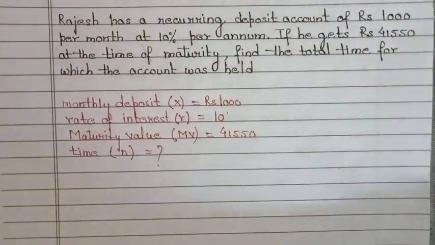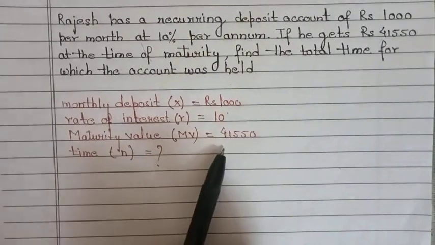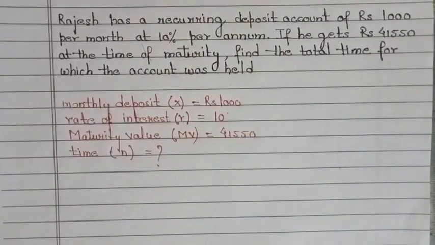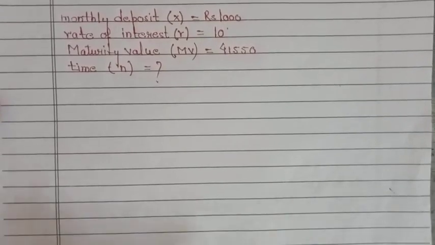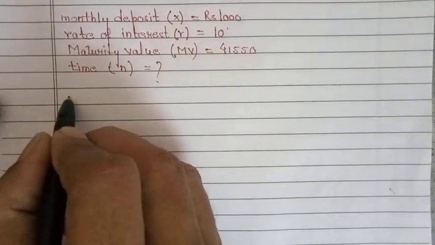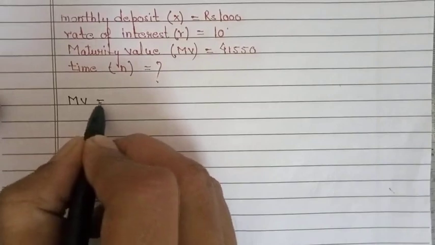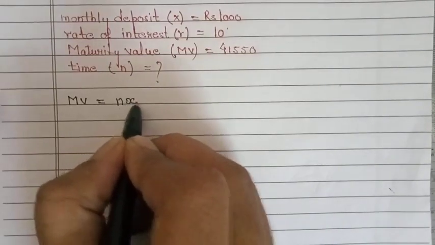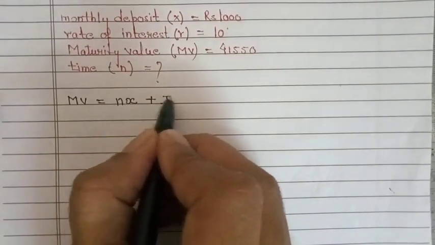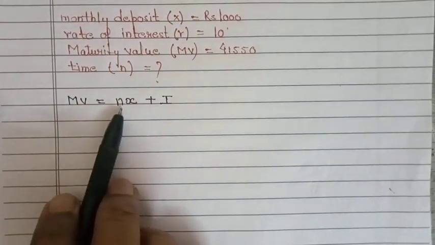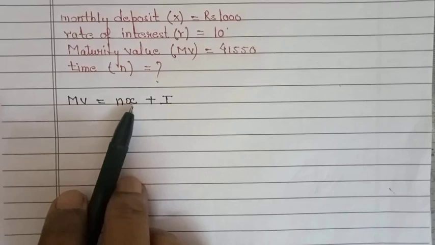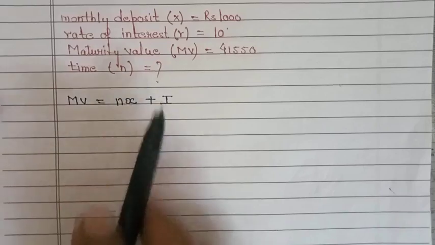Okay, now first of all, as you can see, they have given us the maturity value, right? So as maturity value is given to us, let us use the formula for maturity value. Formula for maturity value is MV = NX + I. This is maturity value, N is time in months, X is monthly deposit, and I is the interest.